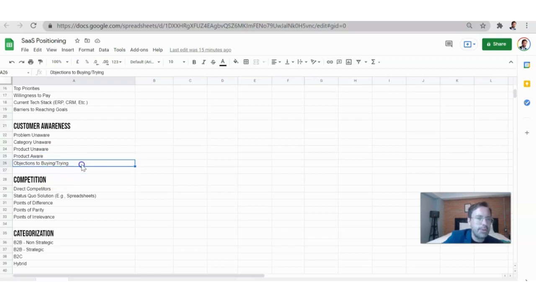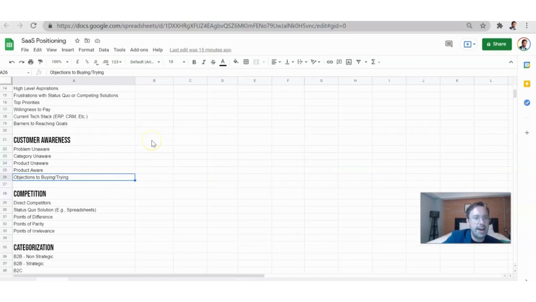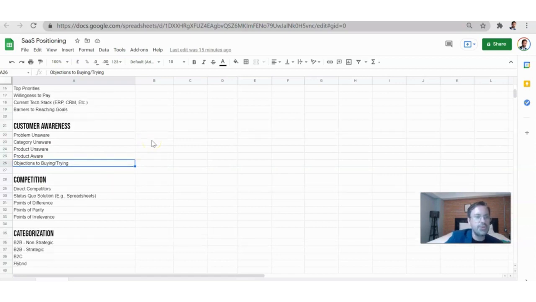Now, the last thing I put here is objections to buying or trying, and that's something you need to address based on customers' awareness, because they're going to have a whole series of objections: we don't need to use that category, or we don't need to use your product, or we think that category is super expensive when actually it's not, or we think there's going to be an expensive licensing deal when actually it's just month-to-month sales, or we think we don't have a problem.